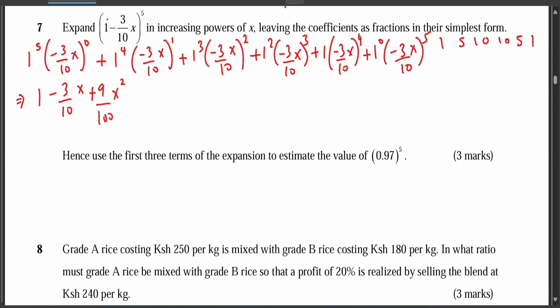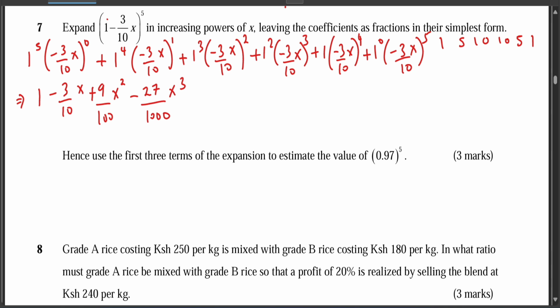The fourth one gives you negative 27 over 1000 x cubed. For the other one, I think it's 81, if I'm not wrong. Let me check. Negative 3 over 10 raised to power 4.